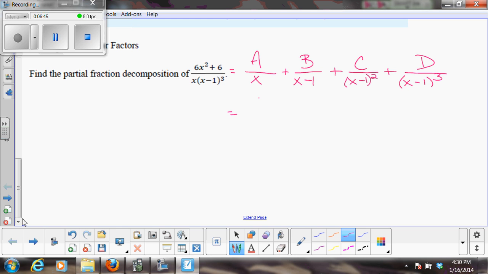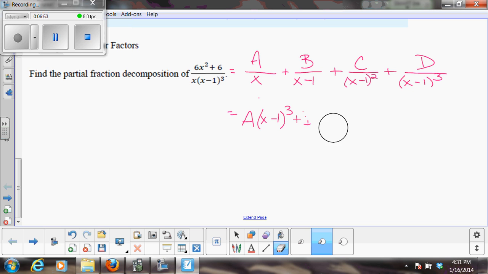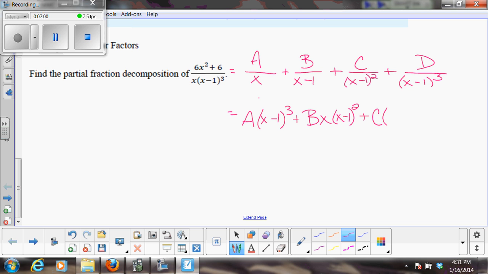So this ends up equaling A would multiply by the x minus 1 cubed, B would multiply by an x and an x minus 1 squared, C would multiply by an x and an x minus 1, and then D would multiply by an x, which this does expand.